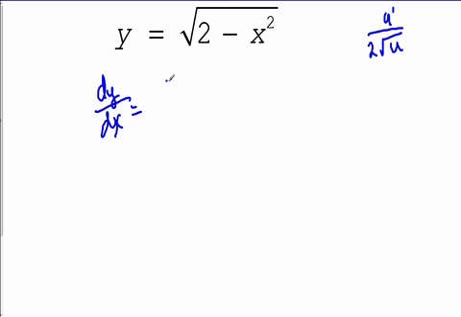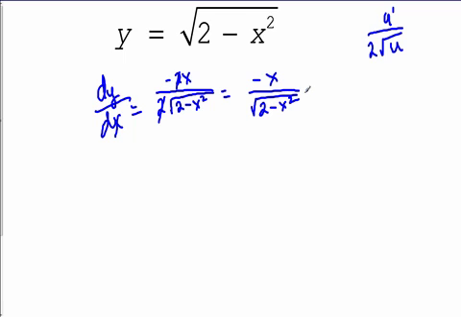So that would be negative 2x over 2 times the radical 2 minus x squared. Of course, you simplify, and you get negative x over the square root of 2 minus x squared.